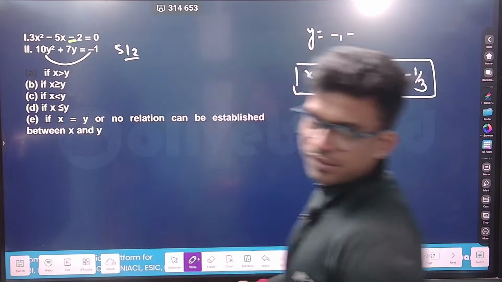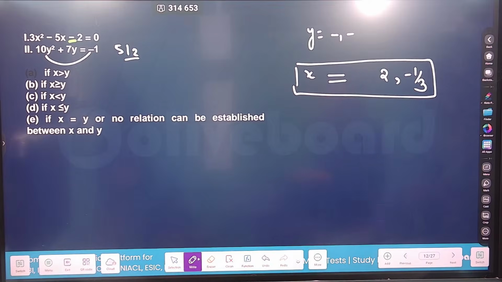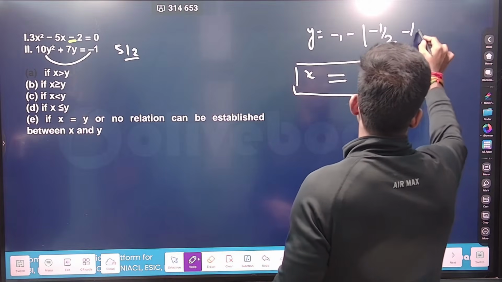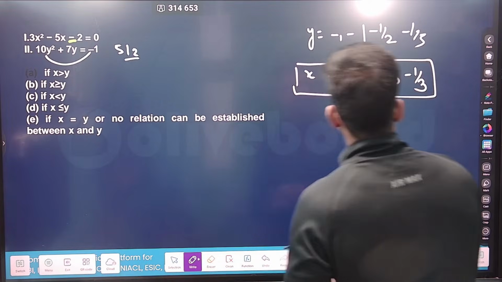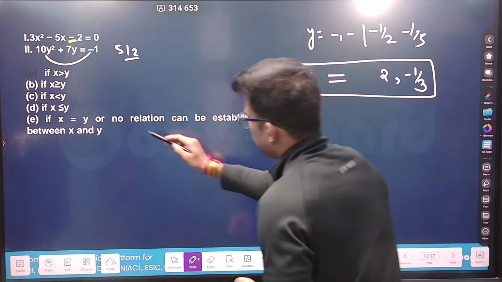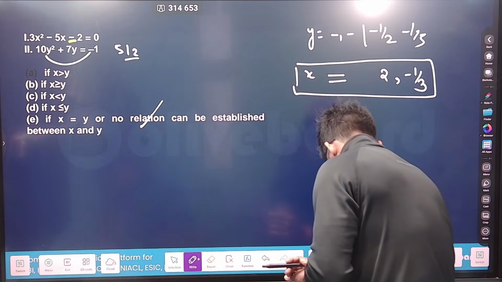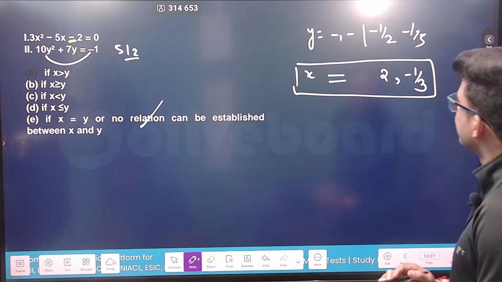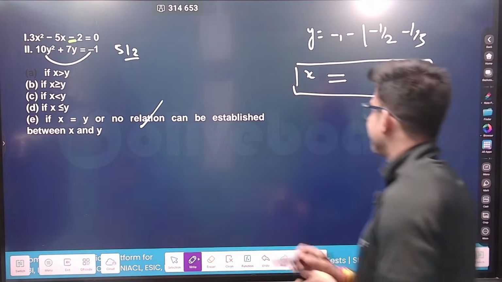Now come on, this is easy for all of you. This would be minus 1 by 2 and minus 1 by 5. Can you compare? No comparison. Again, no relation. How can you compare?